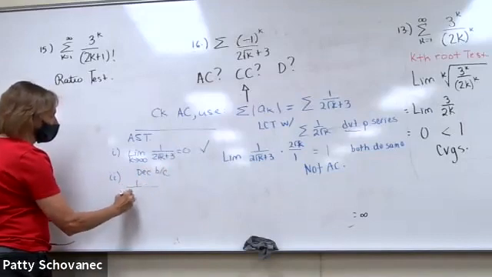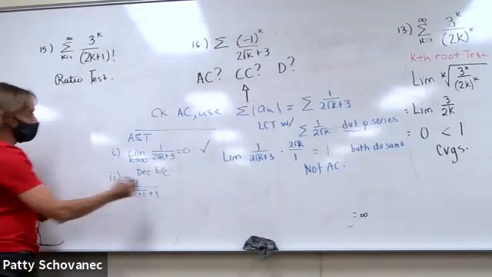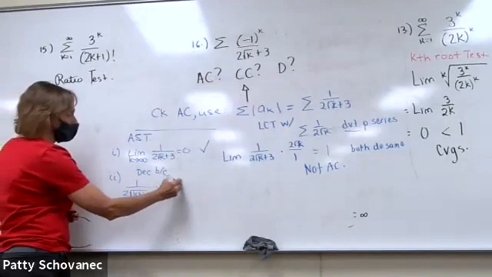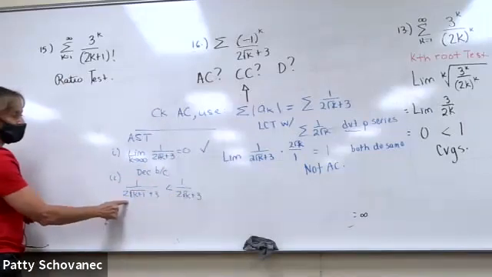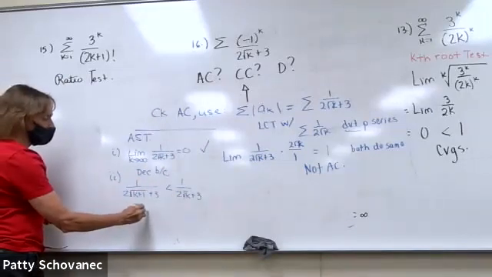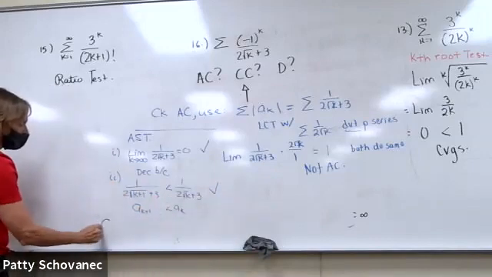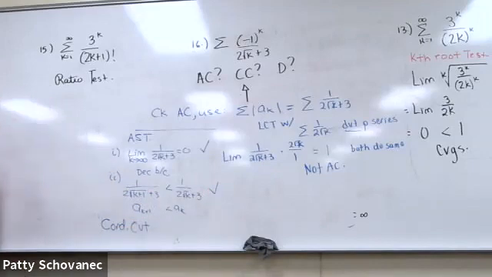The k plus first term makes this denominator bigger. So the overall fraction is smaller. So as I go to the next term, the a sub k plus 1 is smaller than the a sub k. So it is decreasing. So that makes it conditionally convergent. Okay?